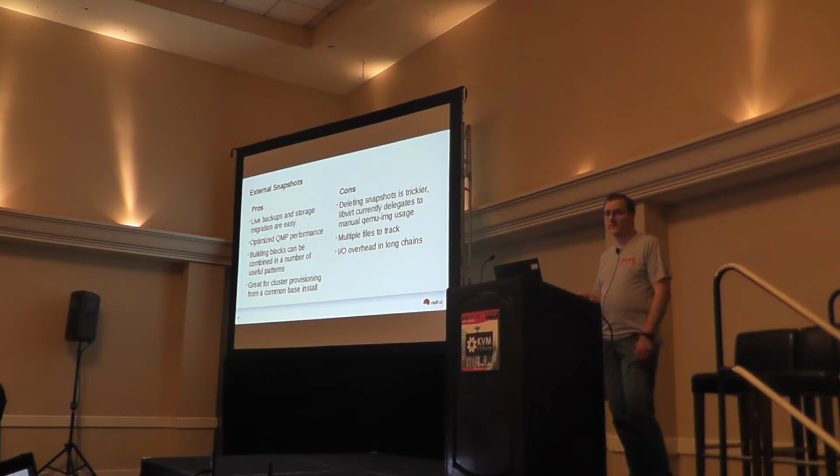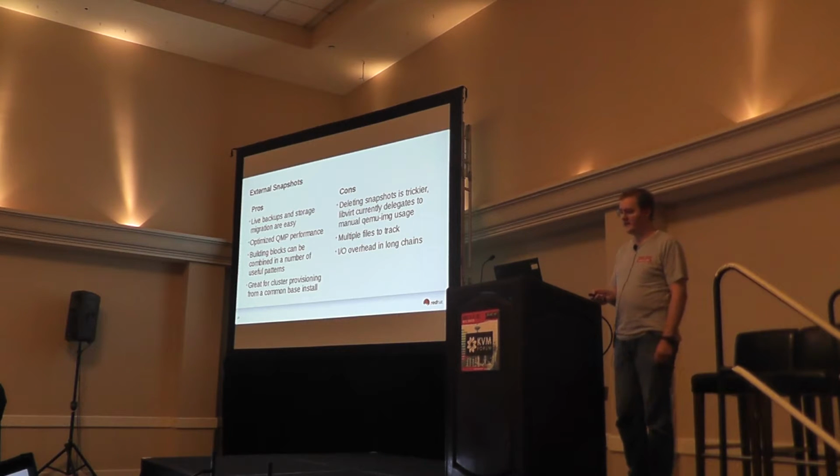External snapshots are great for thin provisioning. Create a common base image, and then every other VM in your cluster references that base image and puts a qcow2 wrapper on top for the few clusters that it needs to diverge to be its own guest.